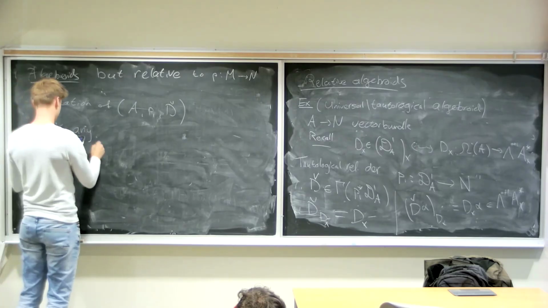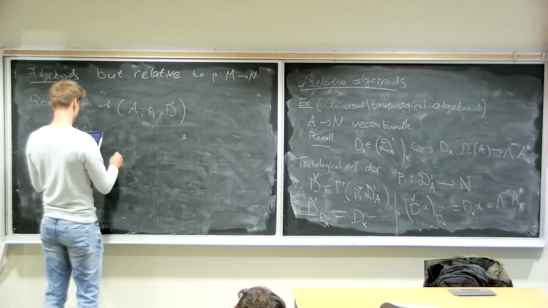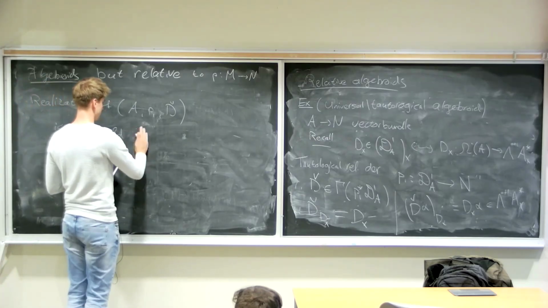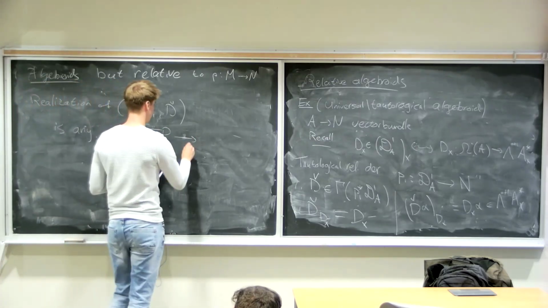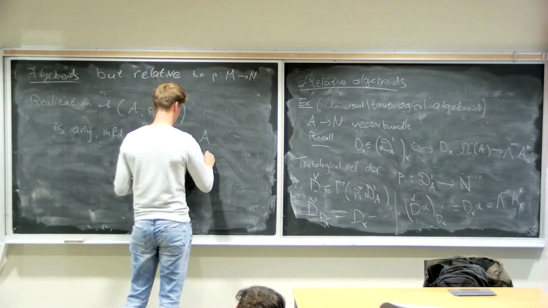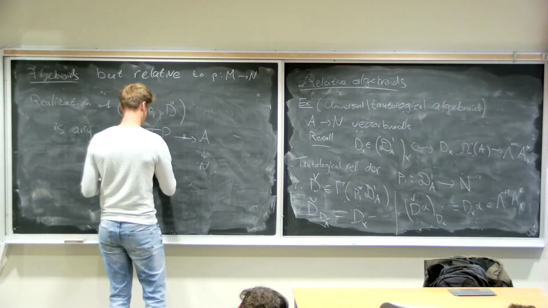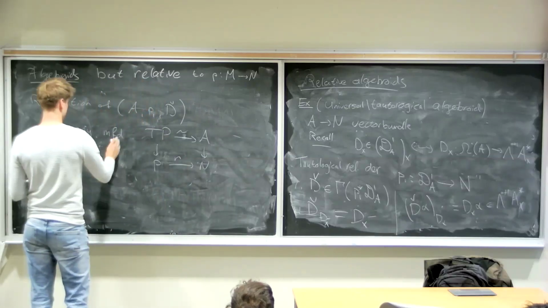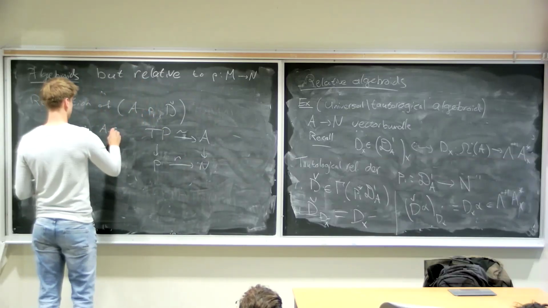It's any coframed manifold P, any fiberized isomorphism TP to A over N, and R.